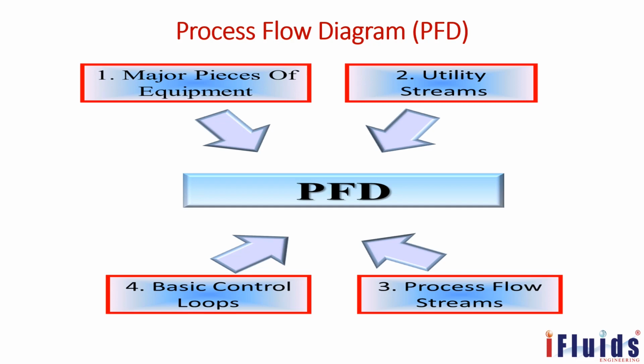Those process flow streams we have to show. The last one is the basic control loops, the important loops: feed forward control, feedback control, ratio control. We are going to show those in the PFD. Minor lines, minor streams, small lines we are not going to show in the PFD.